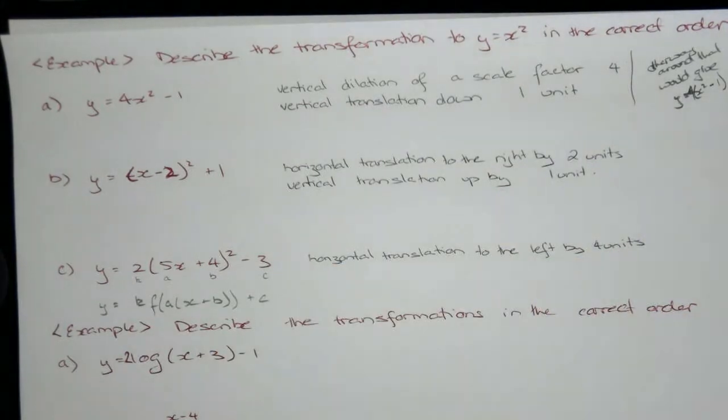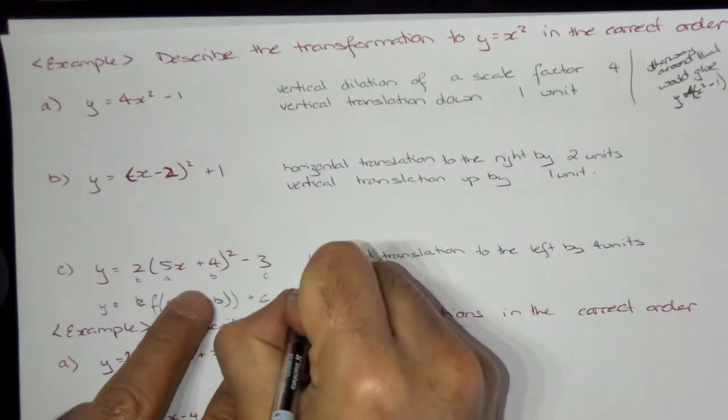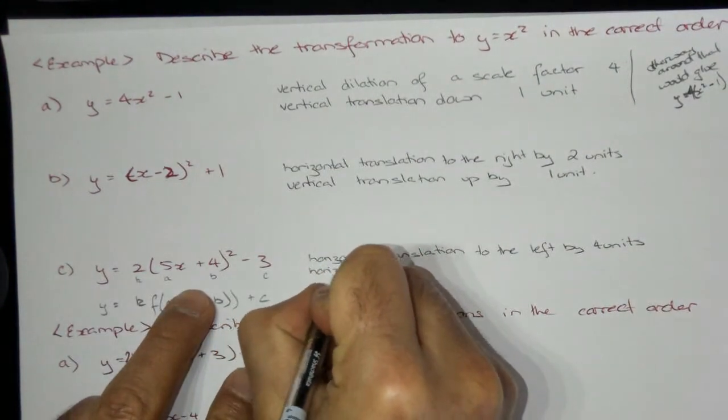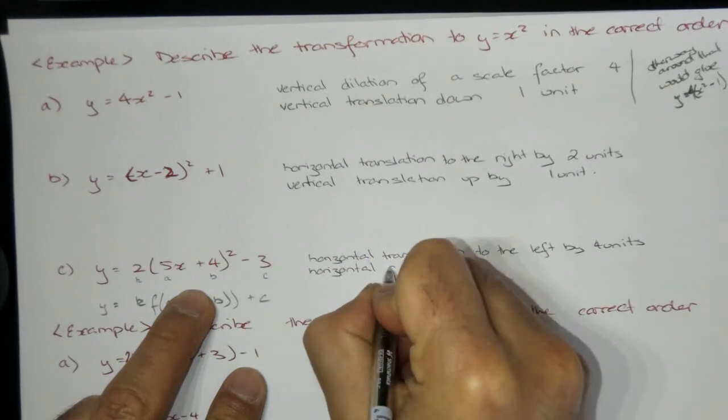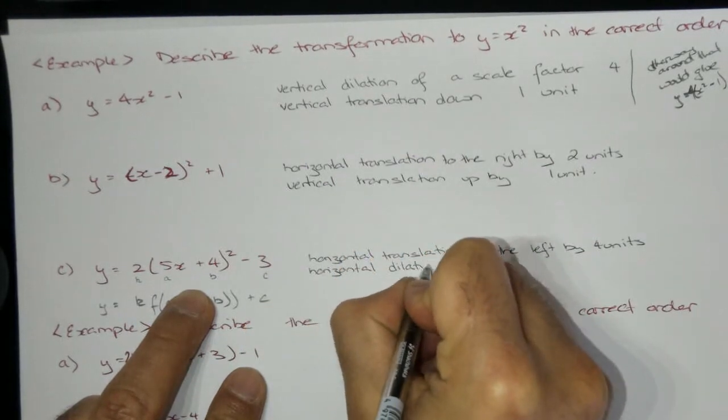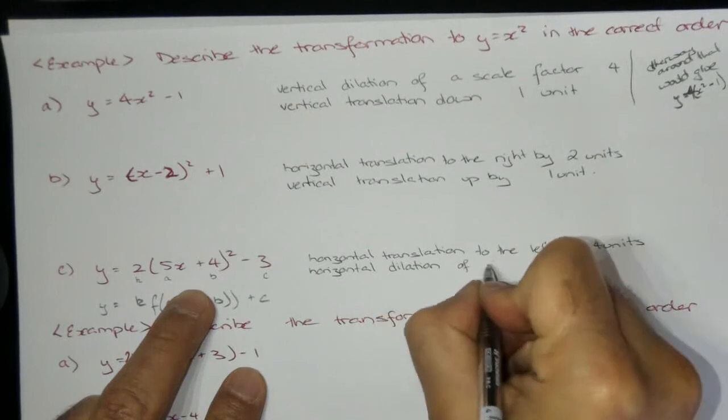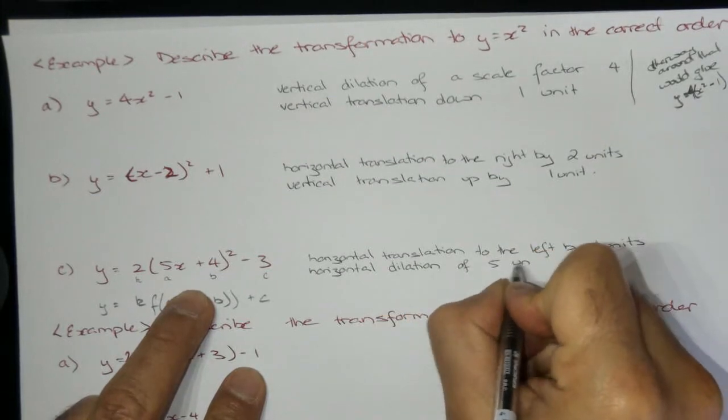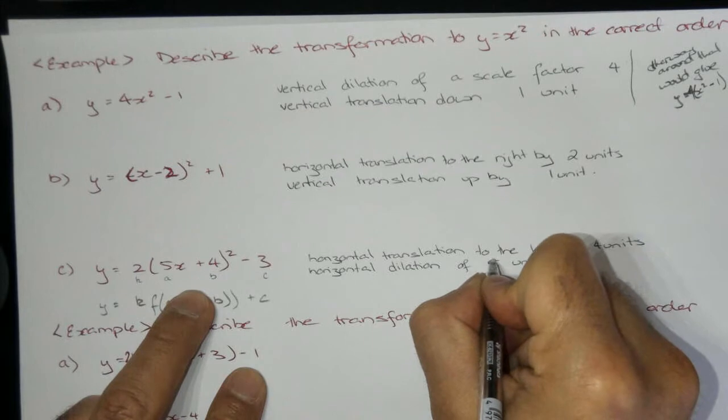Then we have a horizontal dilation of scale factor 1/5.